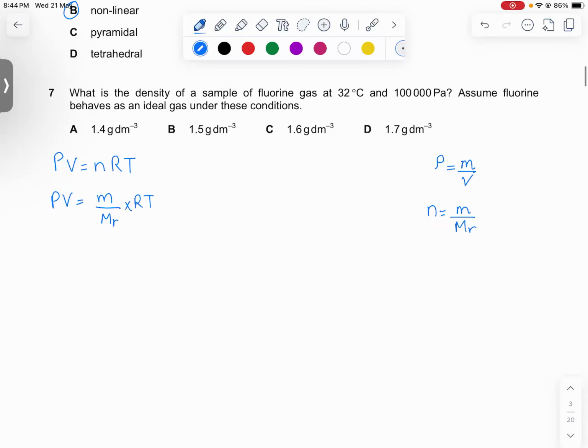Okay. Now Mr can go on this side. All right. And this will become PV multiplied by Mr equals mass multiplied by RT.